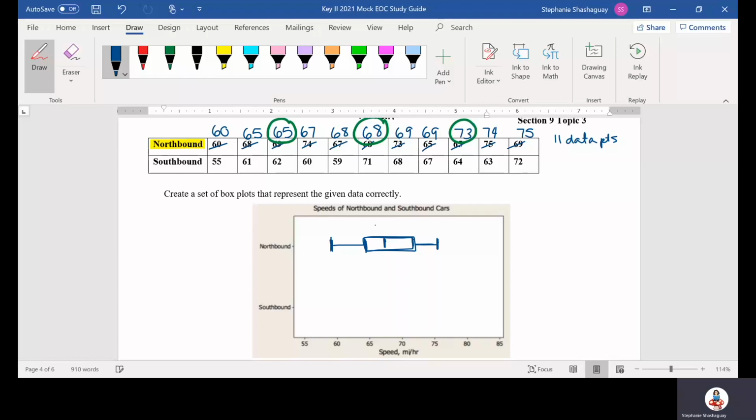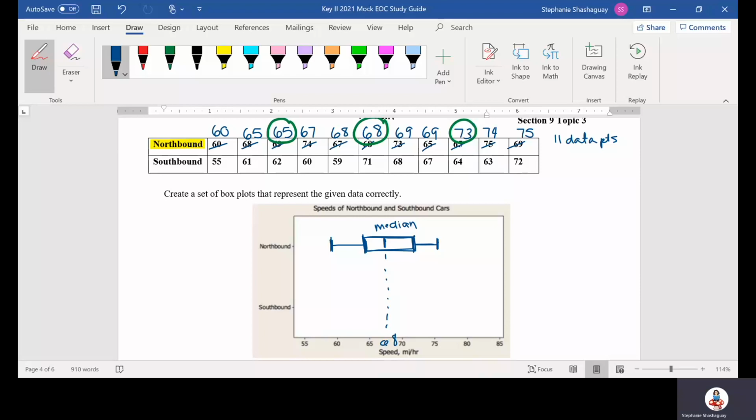Okay, so my median, you'll see, is right there, about 68. And then my interquartile range, my IQR, falls in that box. And then I have my whiskers, which go all the way out to my lowest data point and my highest data point, which is 75.